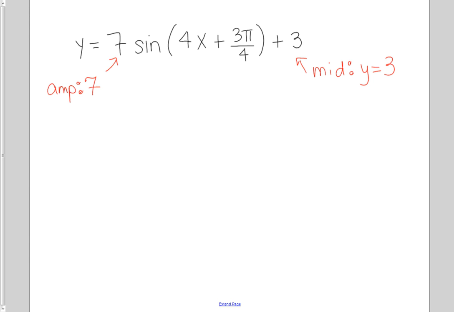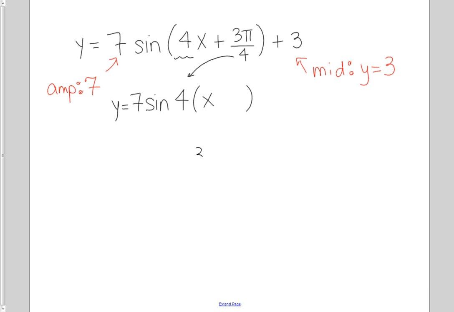Before we can look at what's going on the inside, I would rather look at this in a different form. I need to have a phase shift occurring to only x. So I need to take this 4 and factor it in front of the x. When I do that, I will be dividing the 4 out of the 3 pi over 4.